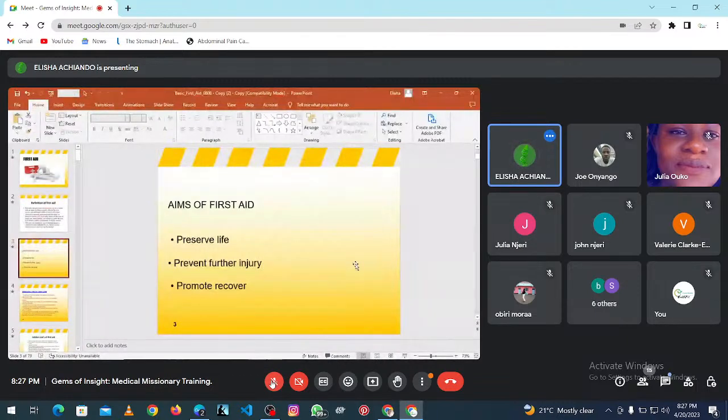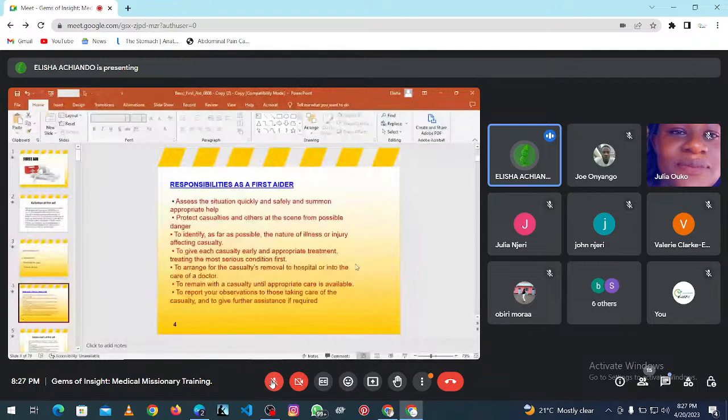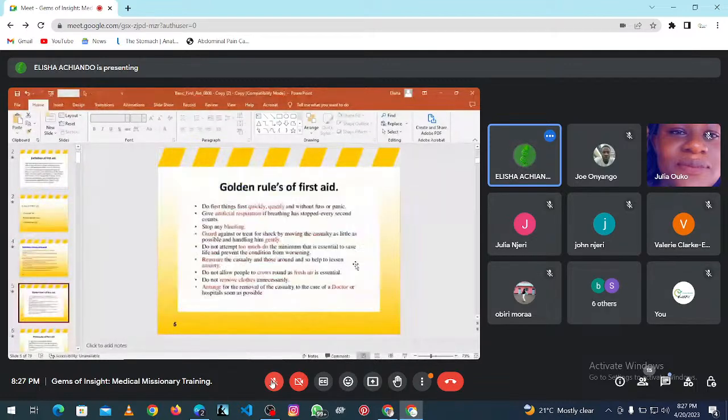You want to preserve life; you don't want this person to die. You want to prevent further injuries, and you want to promote recovery. By doing every step, we are aiming at these three major aims. As a first aider, I'll come to that later.